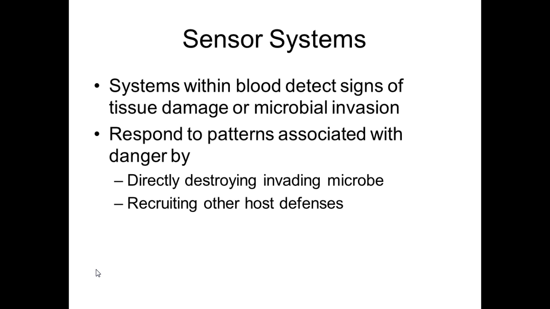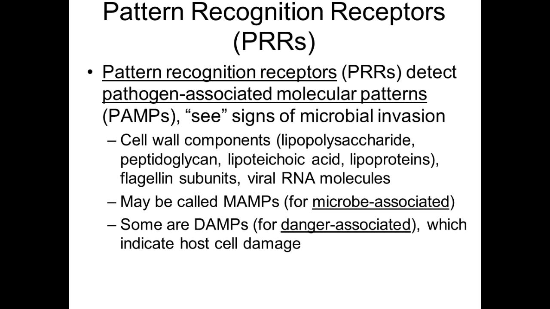Over time, evolutionary-wise, we've developed these receptors that recognize general patterns in the microbes, whether it be viruses, bacteria, protozoa. And so that's going to help us trigger the alarm, right? So they're sensing it. When it's detected, we're going to call up our host defenses.